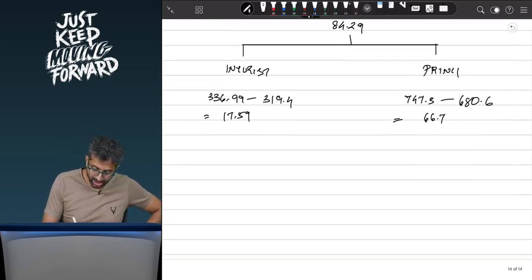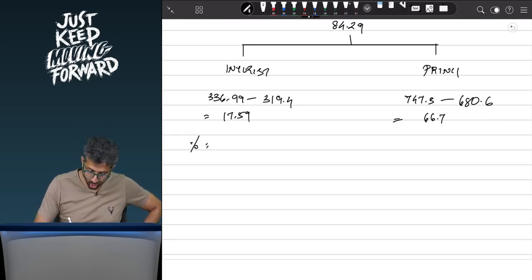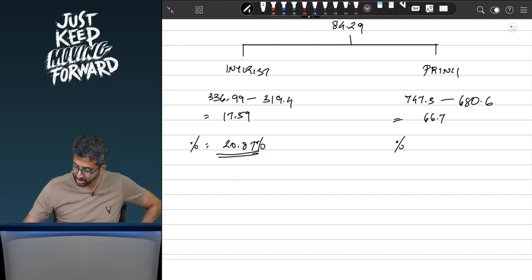Now, if I want to find this in percentage terms, 17.59 out of 84.29 comes to around 20.87%, which is coming due to interest. And if I find the percentage, 66.7 upon 84.29, around 79.13% is coming due to principal.